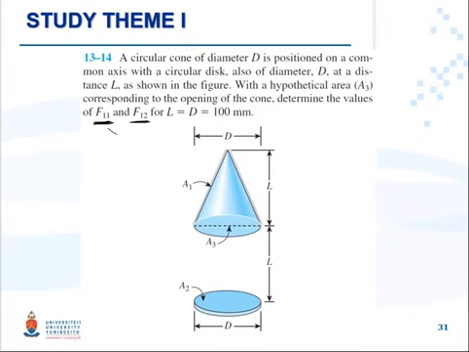So a circular cone of diameter D is positioned on a common axis with a circular disk, also with the same diameter, at a distance of L as shown in the figure, with a hypothetical area A3 corresponding to the opening of the cone. Determine the values of F11 and F12 if L is equal to D is equal to 100 millimeters.